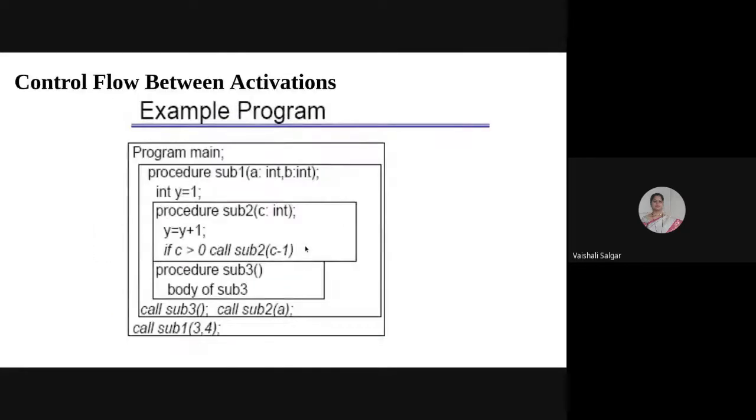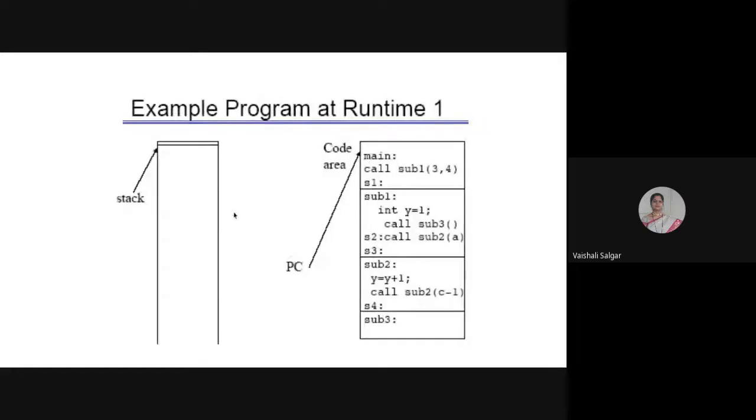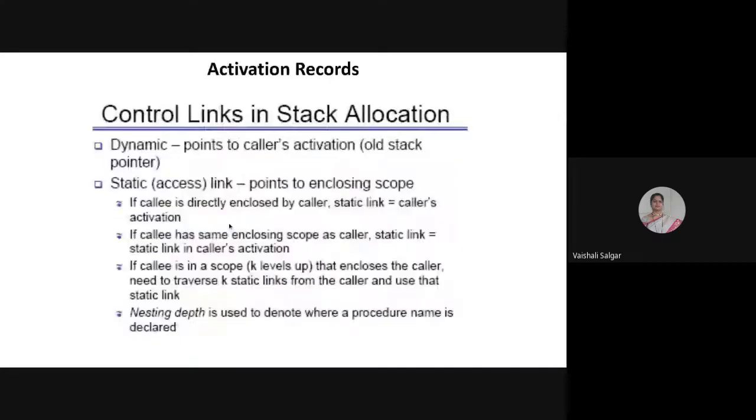In this particular case, sub2 is enclosed within sub1. So obviously my static link and my dynamic link over here are the same, right? The static access link will be the same as the caller's activation.